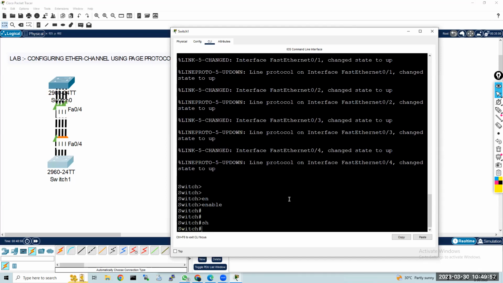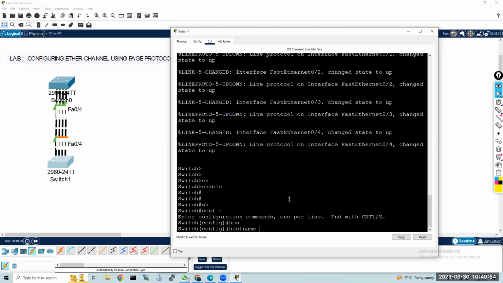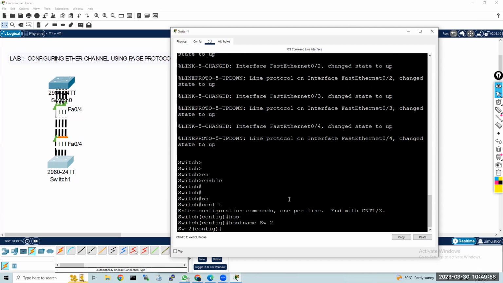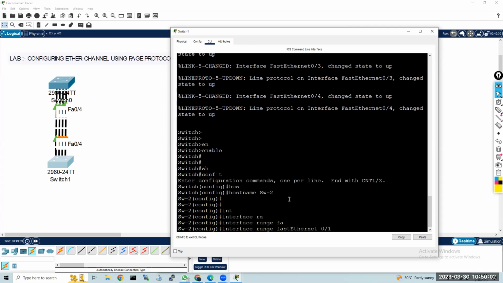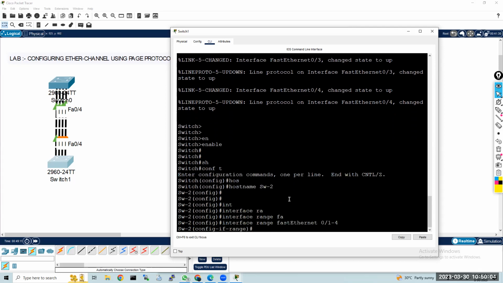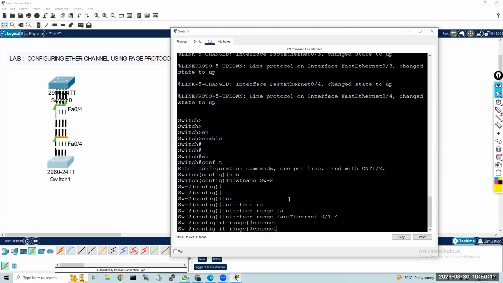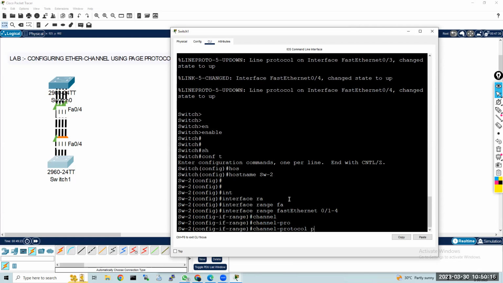Okay. Let's go to global configuration mode. This is my switch 2. Interface range FastEthernet 0/1 to 4. So what is the first thing I should do now? Channel protocol. Which protocol?